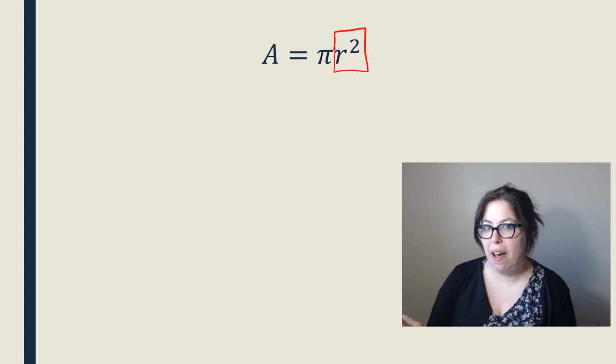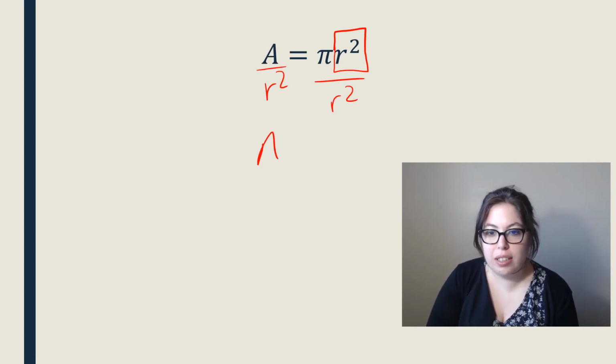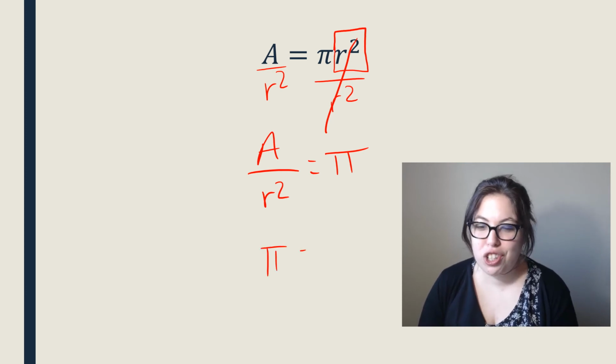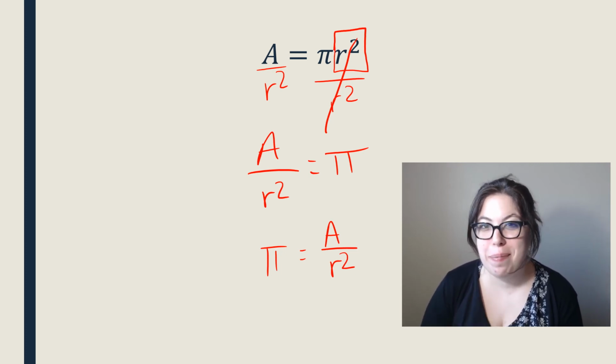It's multiplying pi. So the opposite operation would be divide it. These cancel, and I have my pi isolated. If you don't like the way that works, just flip it around. The area divided by r squared will get me pi.